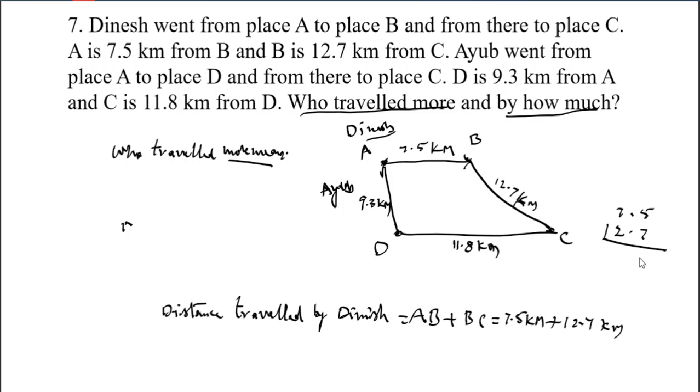Add them as whole numbers. 5 plus 7, 12. 2, and 1 is there on top of the ones place. 1 plus 7, 8, 8 plus 2, 10. 2 is there. 1 is there. 1 plus 1, 2. So which is equal to 20.2 kilometers. So distance traveled by Dinesh is 20.2 kilometers.